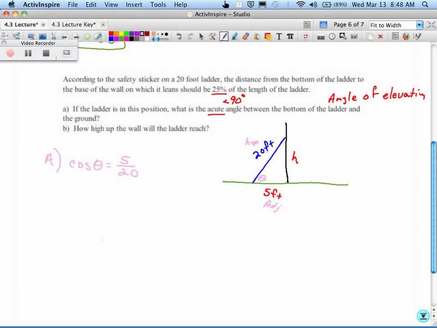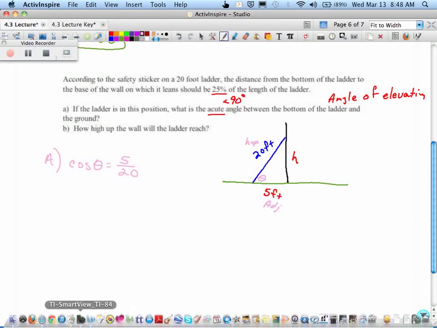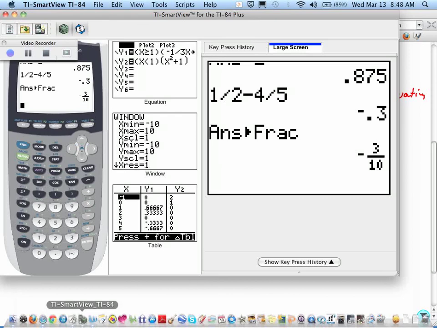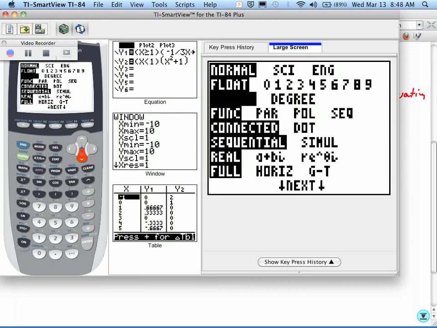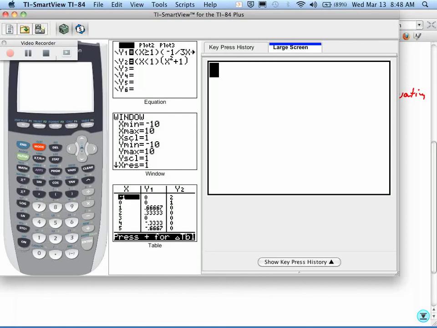Okay, I'm going to double check that I'm in degree mode. So get into degree mode. How do we get rid of the cosine? How do you undo cosine? The inverse.